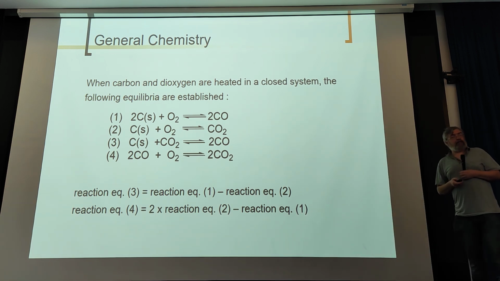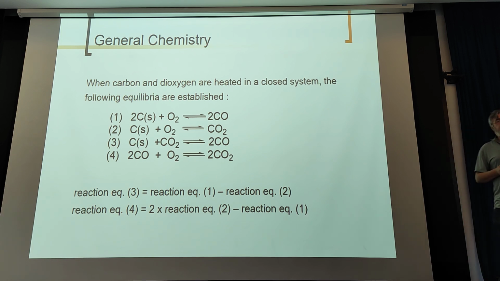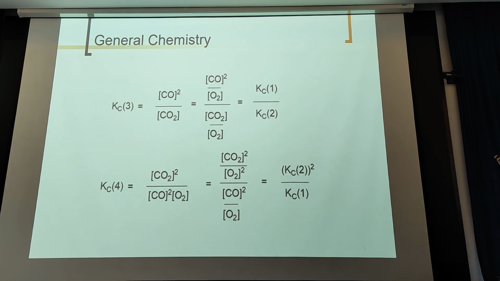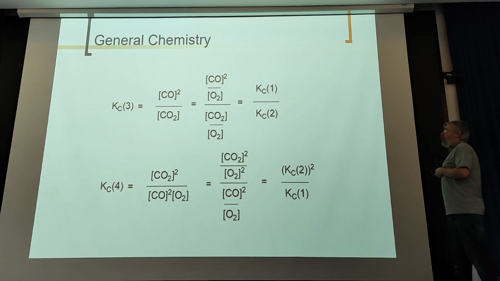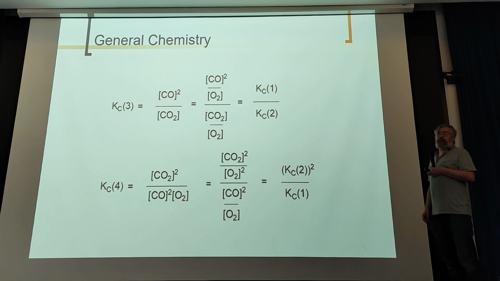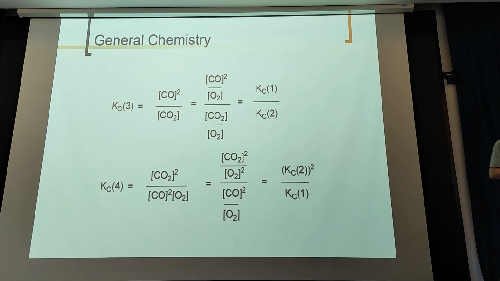What does it now mean for the equilibrium constant? We look at the terms in concentration terms. The third one is CO squared divided by the CO2 concentration. And now we divide each part by the oxygen concentration.